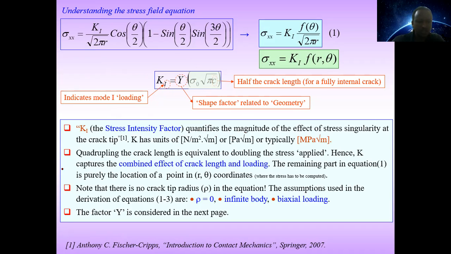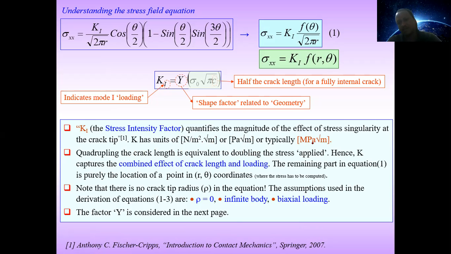as given in Antonio C. Fischer-Cripps, Introduction to Contact Mechanics, Springer 2007, and that K has unit of Newton per meter square, that is stress, Newton per meter square times radical of meter, or Pascal radical meter.